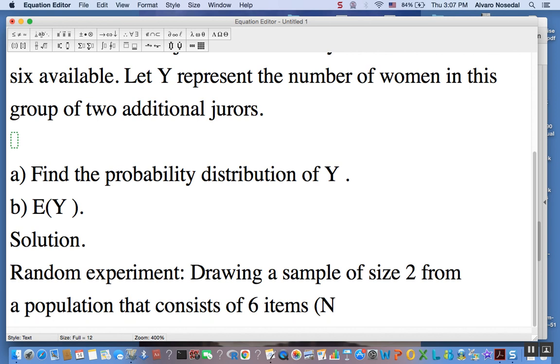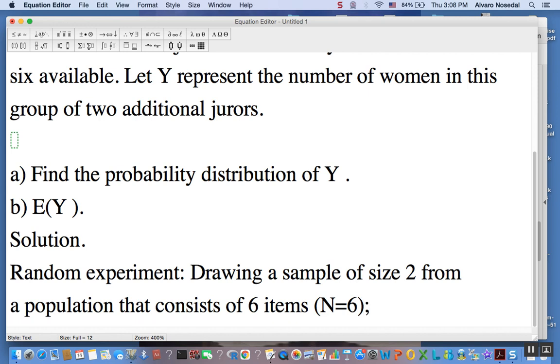In general, when we refer to the population size that we are drawing our candidates from, we're going to be using the letter capital N for the population size.